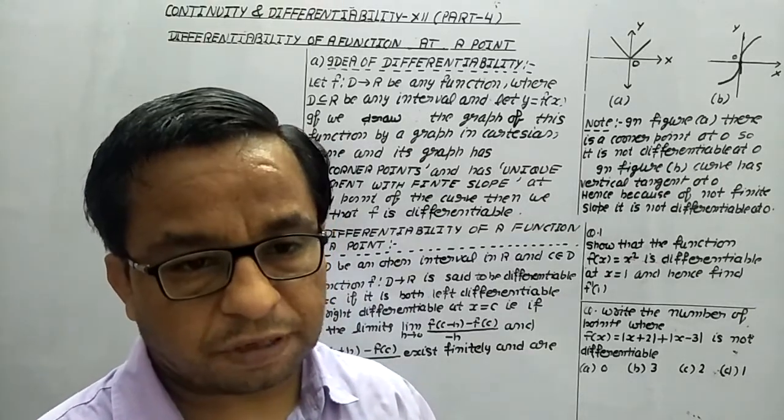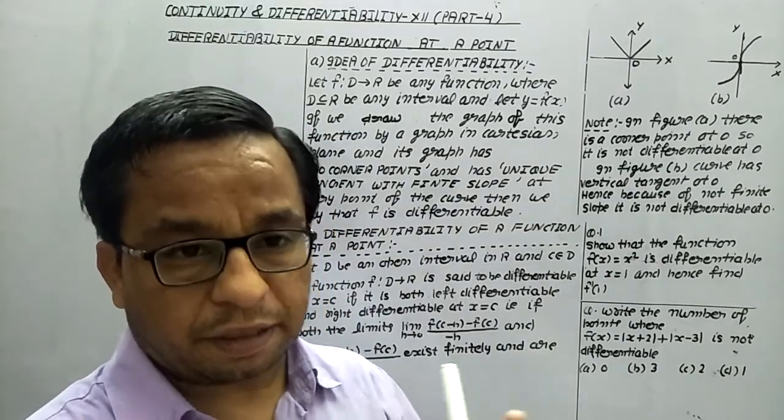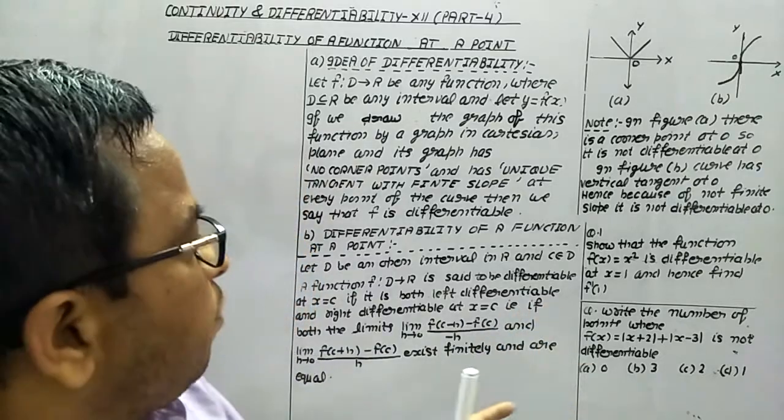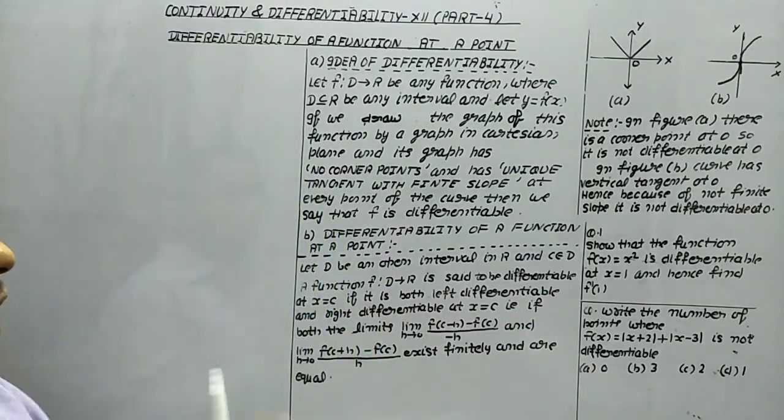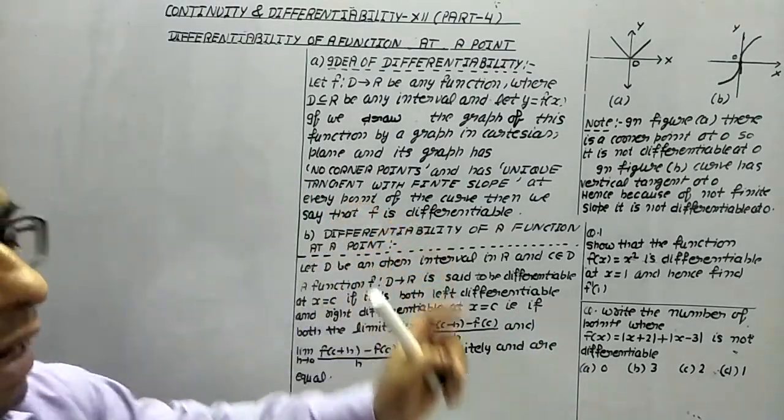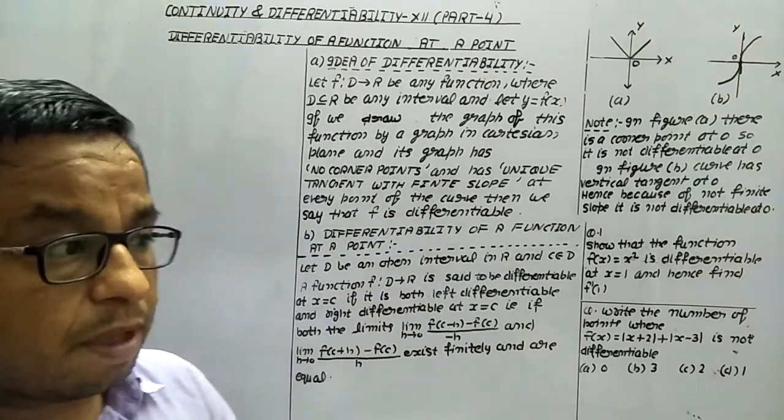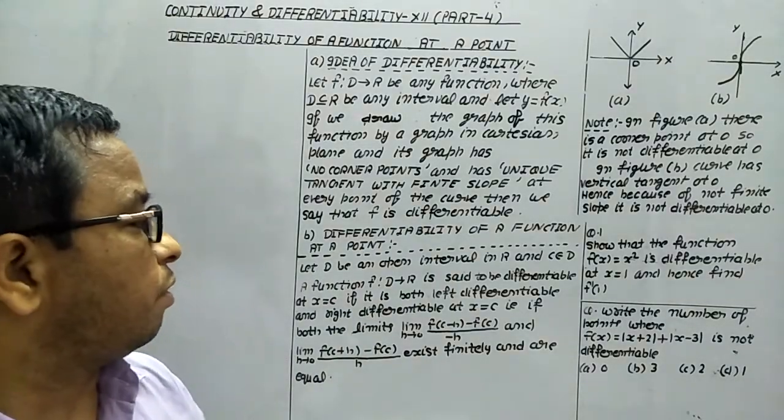But in case of differentiability, at that point there should not be a corner point and it should have a unique tangent with finite slope. Now, how will we do it mathematically?